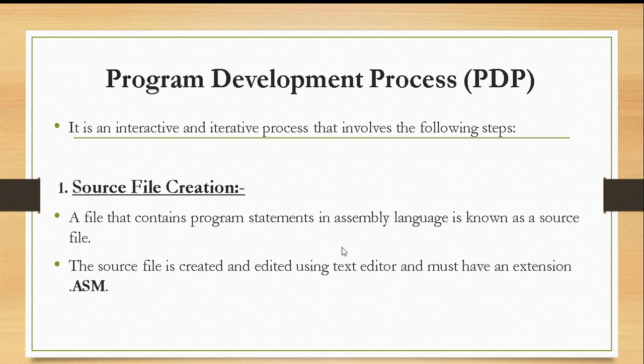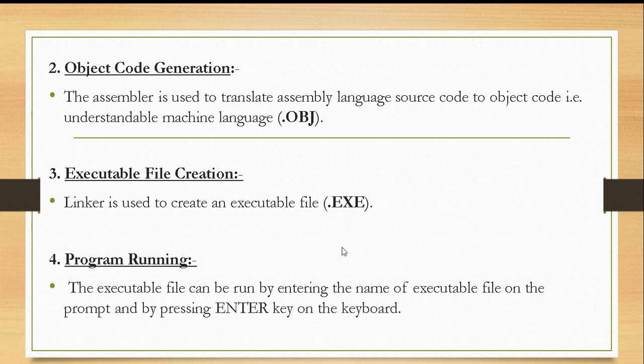The file that contains the program statements in assembly language is known as the source file, and this file is created and edited using a text editor and has the extension .asm.